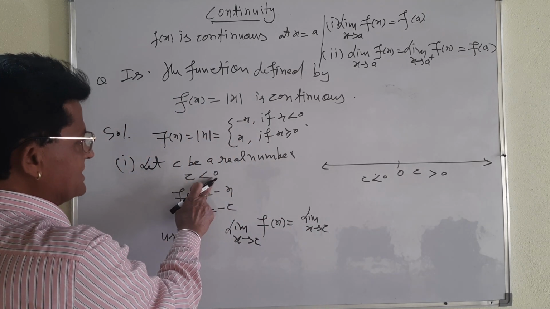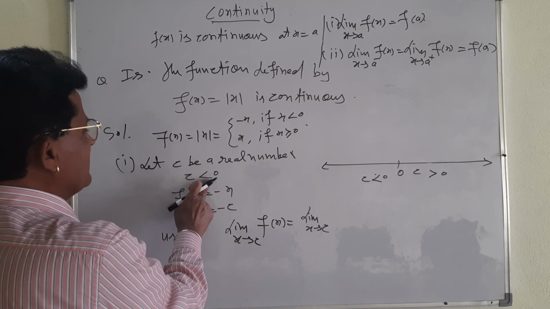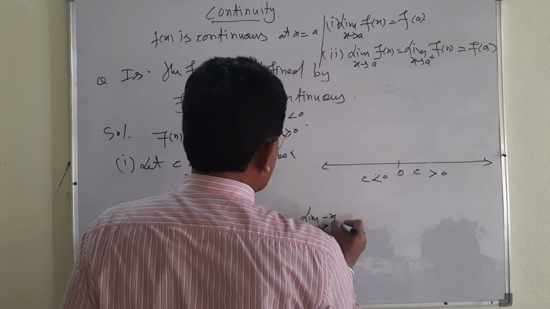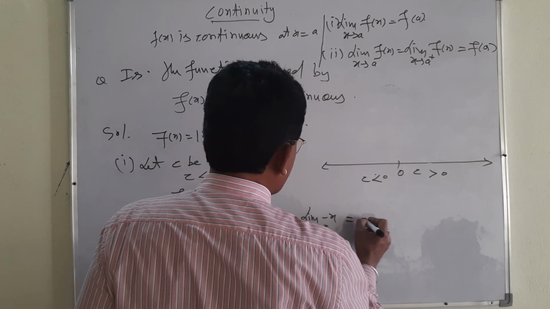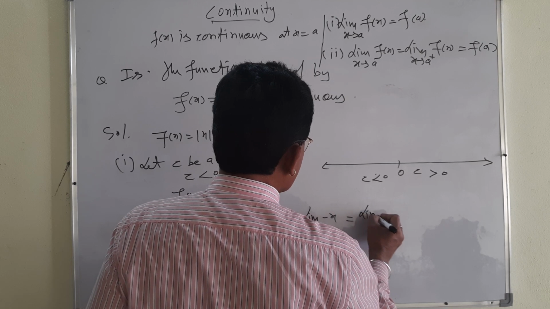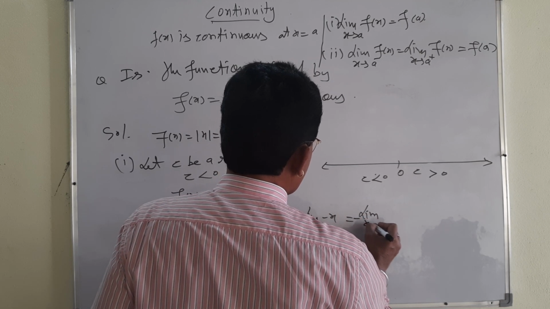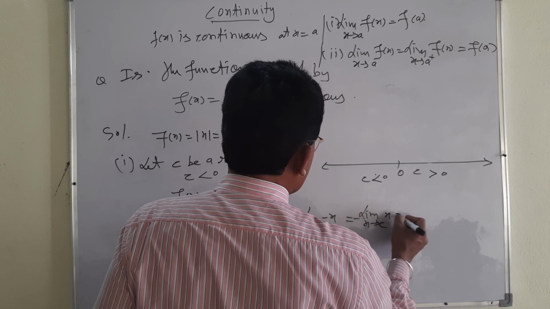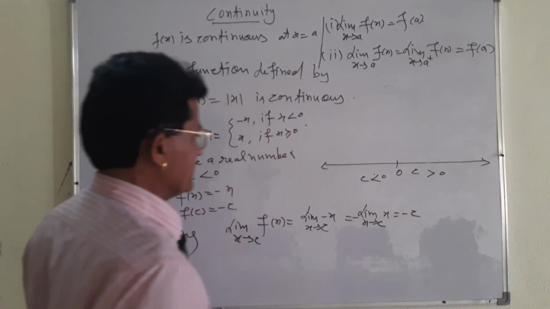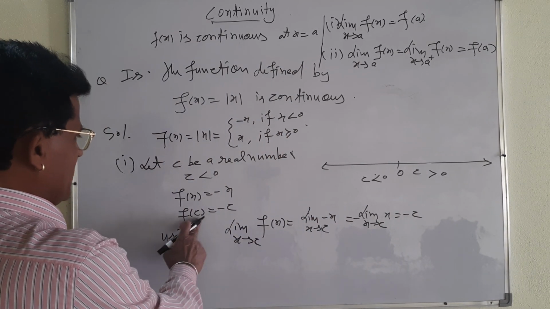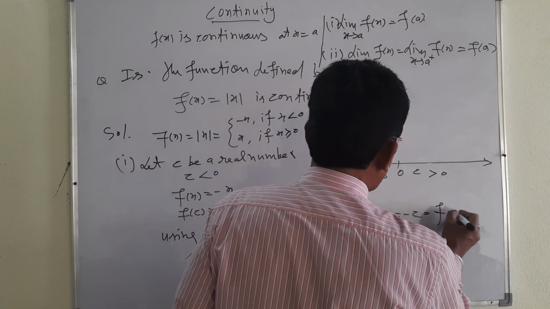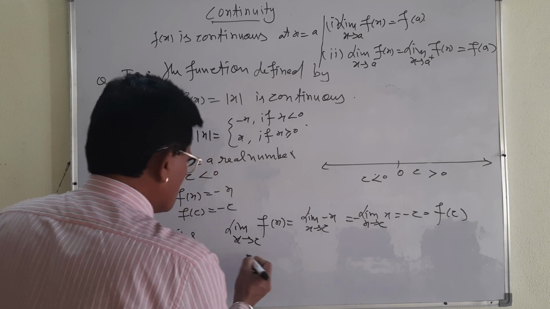Already I have taken c is less than 0, and its value when it is less than 0 is minus x. So limit x tends to c of minus x will be equal to minus c. And minus c is what? It is f(c).